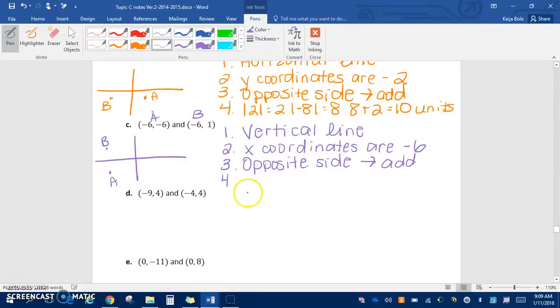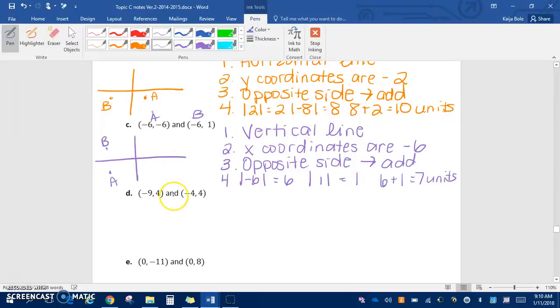So first we need to take the absolute value of the y coordinates. -6 is 6, and then the absolute value of 1 is 1. So we add 6 plus 1, and that equals 7 units. Alright, so whatever we do in number 2, you're going to use the opposite number for number 4. That's why we talk about what they have in common.